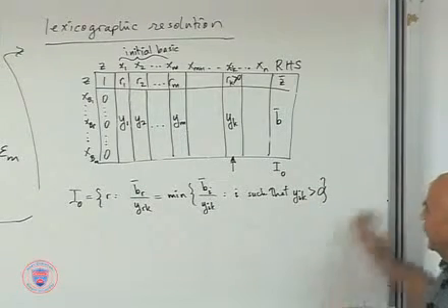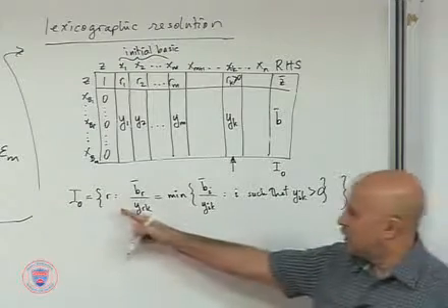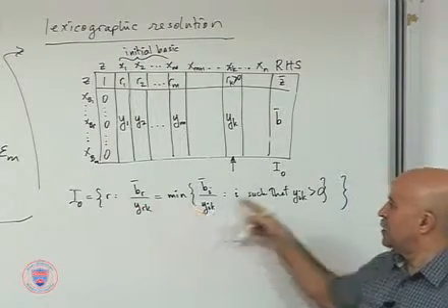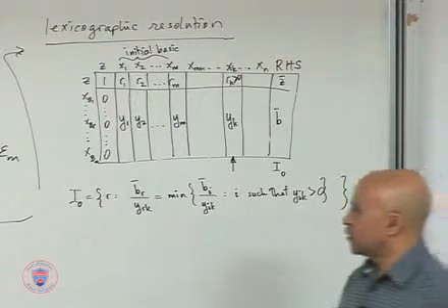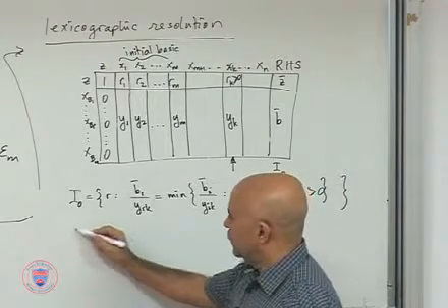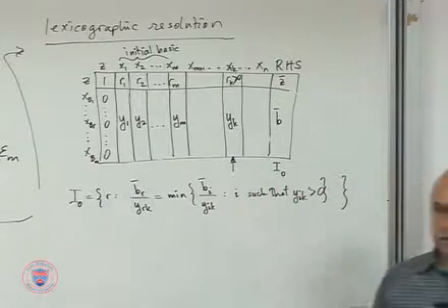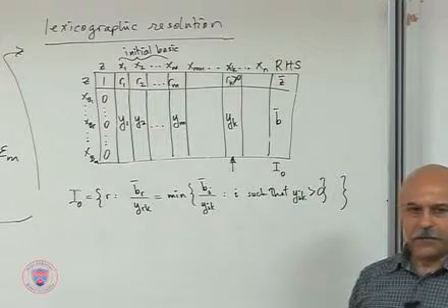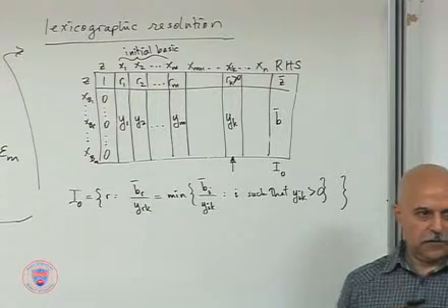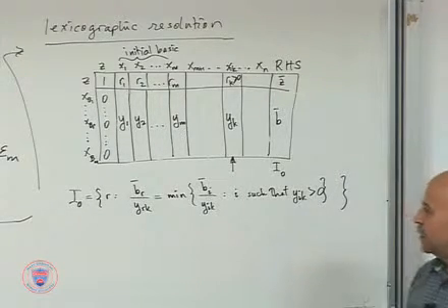Okay? So I0 is a set of row indices which qualify for the minimum ratio. If I0 is a singleton, there's nothing to do. You just make that particular rth basic variable exit. Okay? There's only one qualifying candidate.